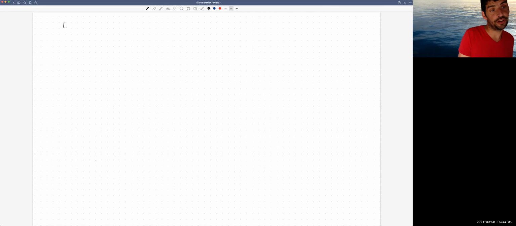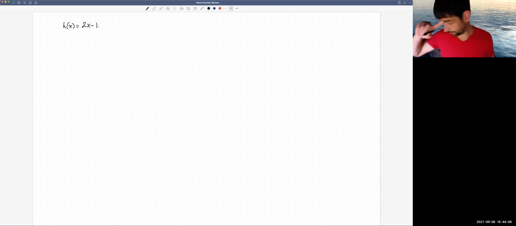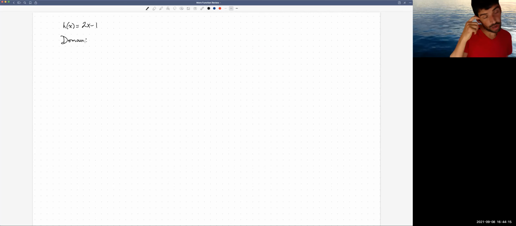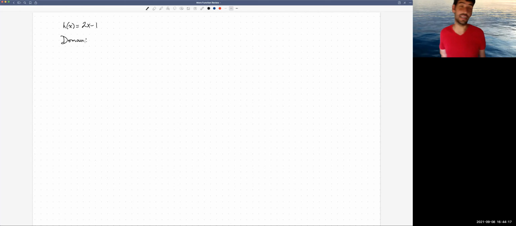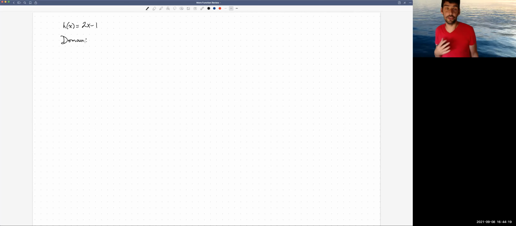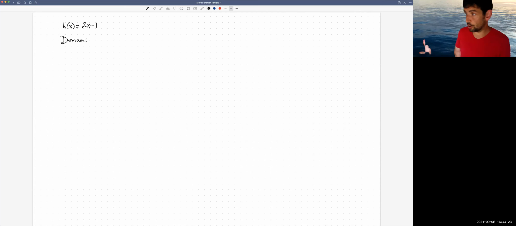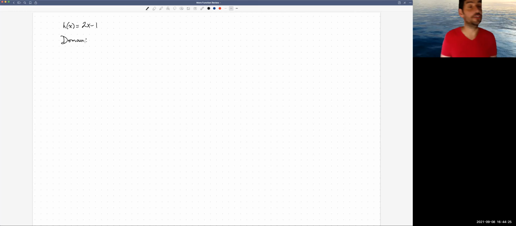So for example, if I have the function h of x equals 2x minus 1, and I want to know its domain, well, first of all, mathematically, this function asks me to double a number and then subtract 1. And there is no number that I can't do that to, right?